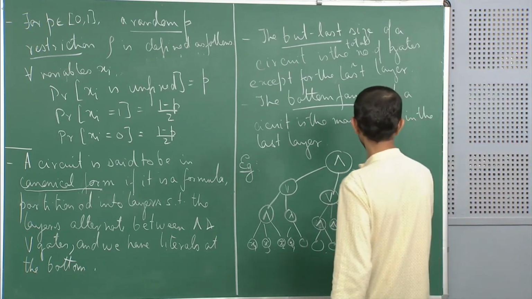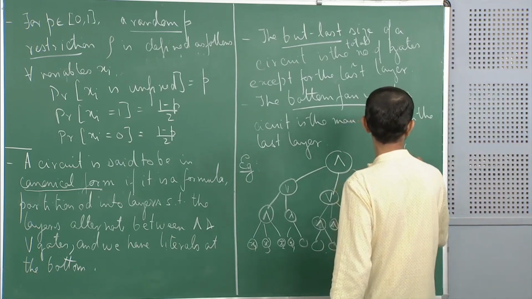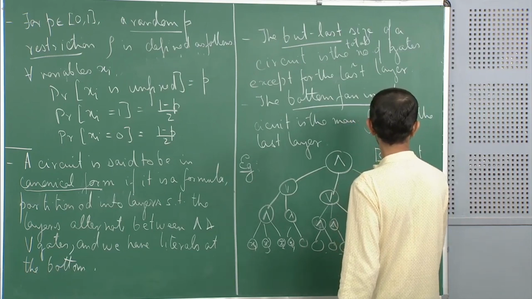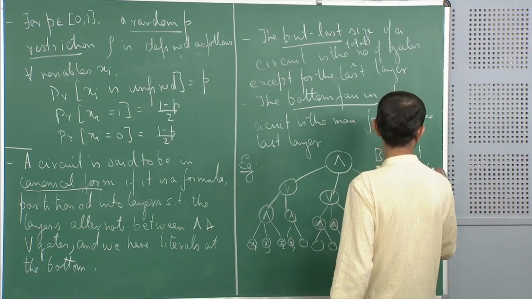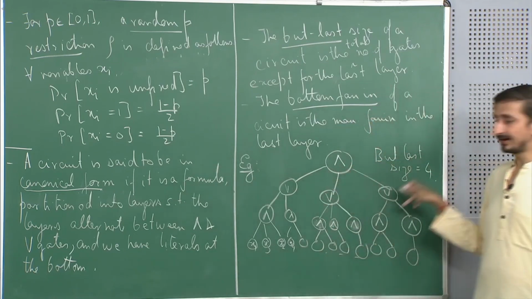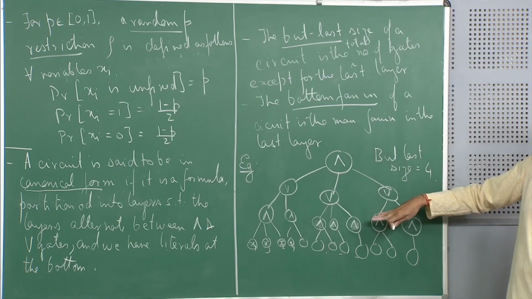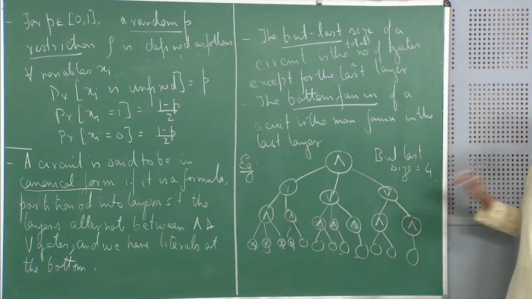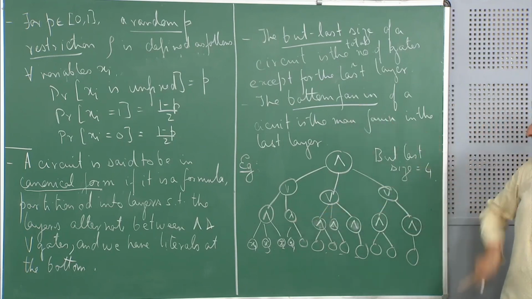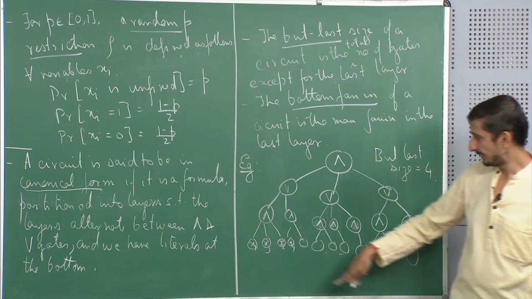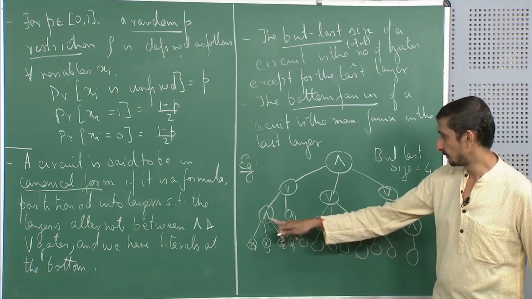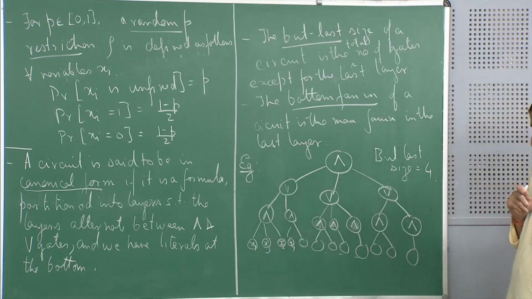The bottom-last size of this circuit will be 4, 1, 2, 3 and 4. It is basically the size except for the last layer. And the bottom fan-in in this case will be 3. What is the maximum?